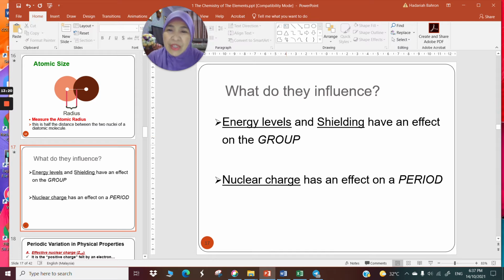So the group is very much influenced by the energy level and the shielding effect, whereas for the period, you move from one quantum level to another, from one shell to another, by introducing another layer. So another layer will take into account nuclear charge. So nuclear charge has an effect on a period; energy level and shielding have an effect on group.